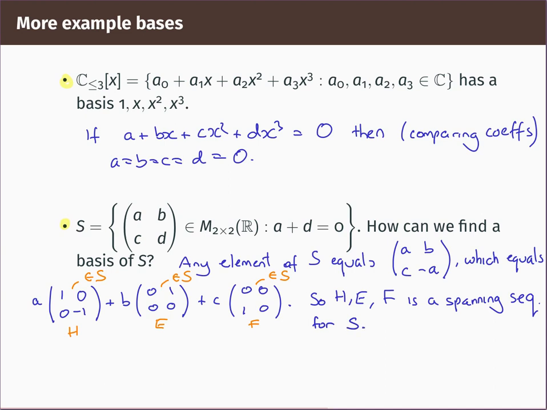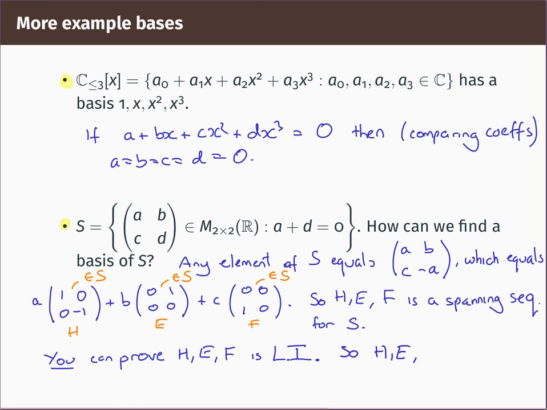We found a spanning sequence, and in fact this spanning sequence is a basis. I'm going to leave it to you to do the proof that H, E and F are linearly independent. So this is a linearly independent (LI for short) sequence.